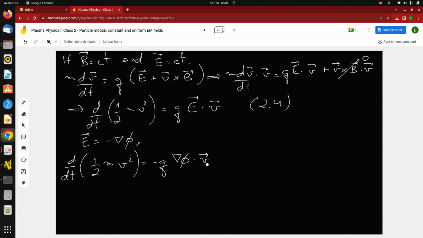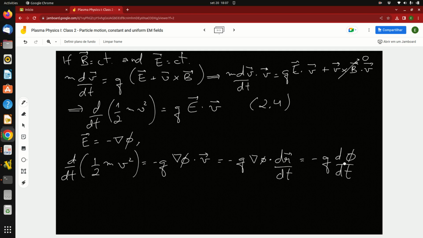V is just the derivative of space with time. So we can write minus q nabla phi dot dr/dt. R is the position vector. And this can be written in a shorter way like this. Why?